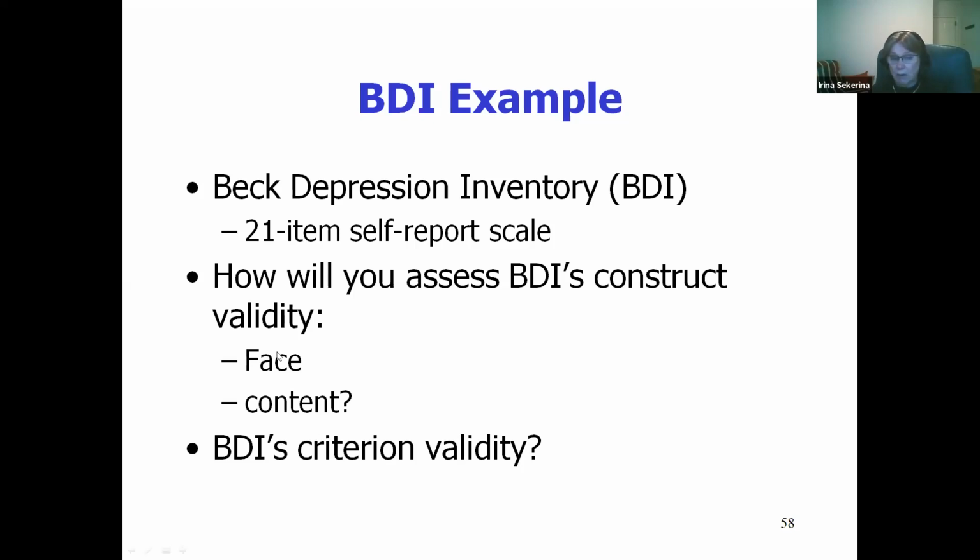So it has all three. It has been tested and adjusted by experts for face and content validity, and it has been tested empirically among multiple populations of patients. And yes, people who are severely depressed come out with a very high score on BDI. I think the maximum was 63, something like that.